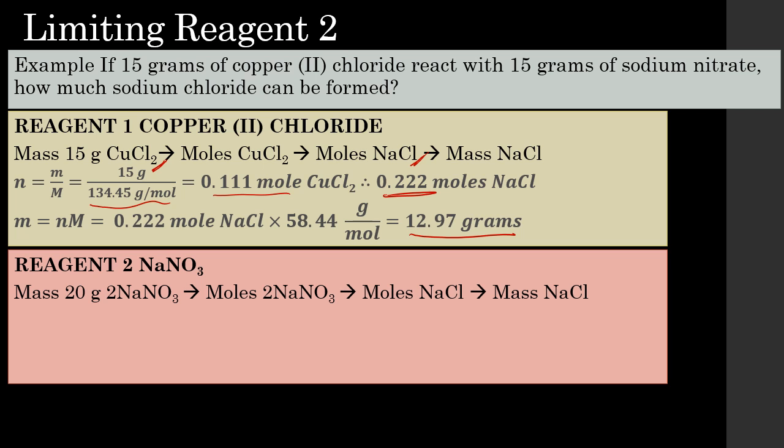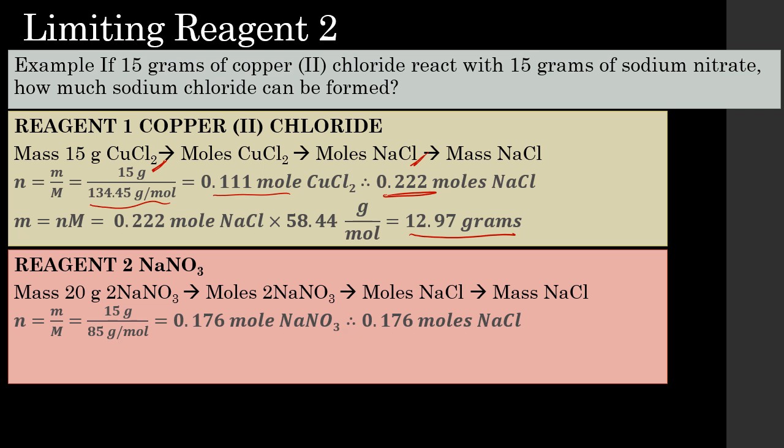Now if we look at sodium nitrate, we need 2 moles of sodium nitrate to form 1 mole of sodium chloride. In this case, the mass of sodium nitrate is 15 grams, and the molar mass of sodium nitrate is 85 grams per mole.